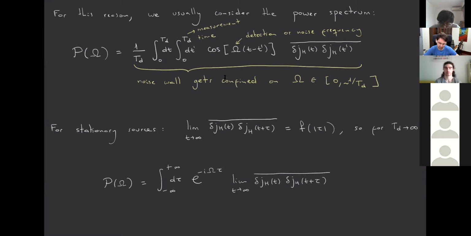Okay? So now you understand that essentially what we are interested in at the end of the day is simply the Fourier transform of the two-time correlation function of the photocurrent. That's what's relevant for our purposes. I think I will take a break now and then we continue.